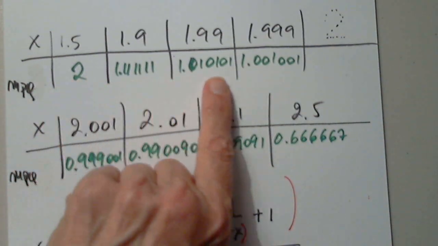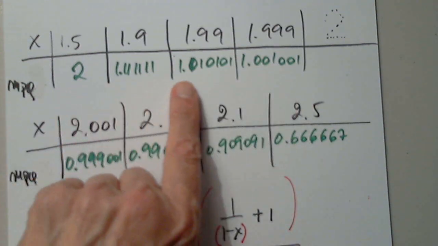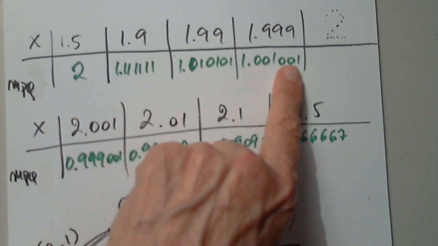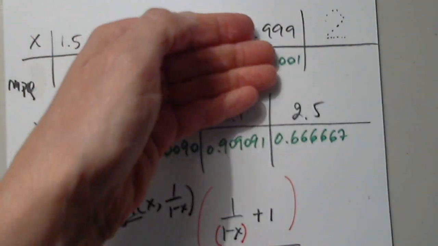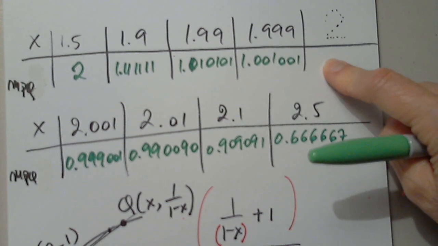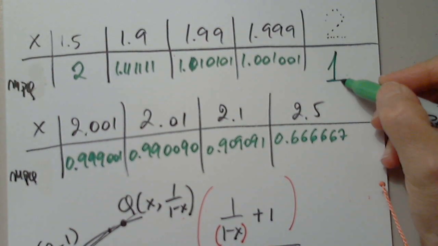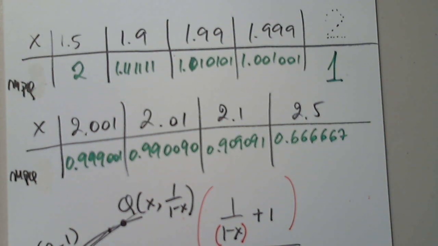Look now at these numbers, at the slope of the secant line. Where are they going? What is the trend from this side and the trend from this side? And what should I put here? They're approaching 1. Yes, from both sides. The numbers from both sides are approaching 1.